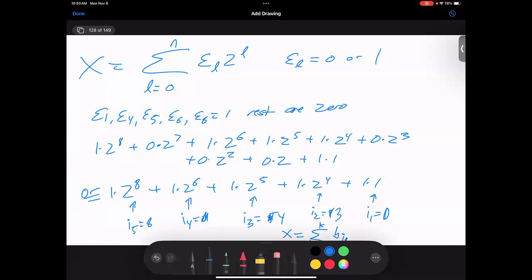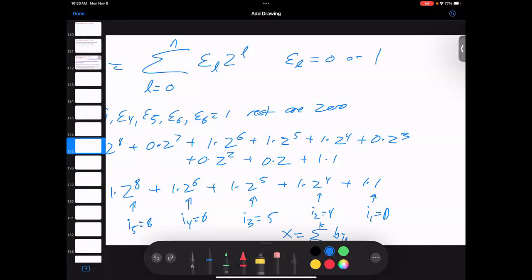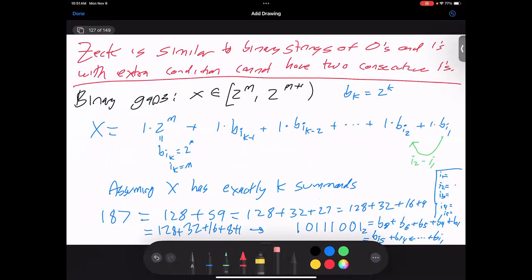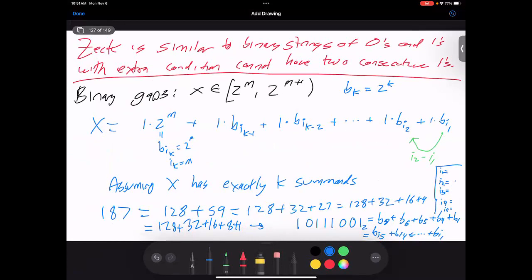The way I'm doing it here, the only one that needs to be fixed is the last one. That should be 0. Everything else was fine. Over here, if I'm doing things with binary, all of these should be shifted down by 1. And so instead of 1, 4, 5, 6, 8, it should be 0, 3, 4, 5, 7.